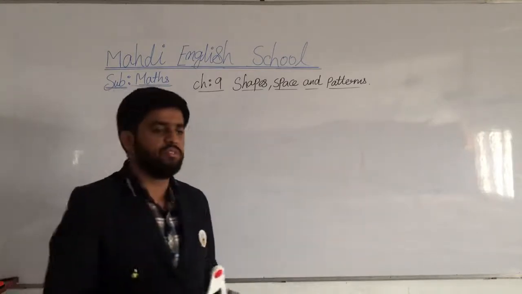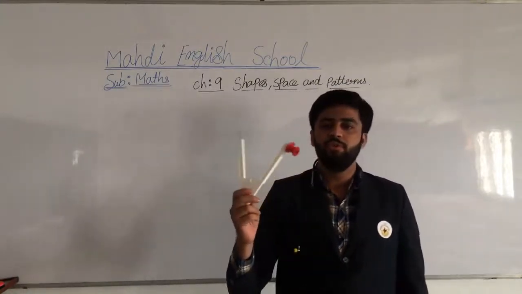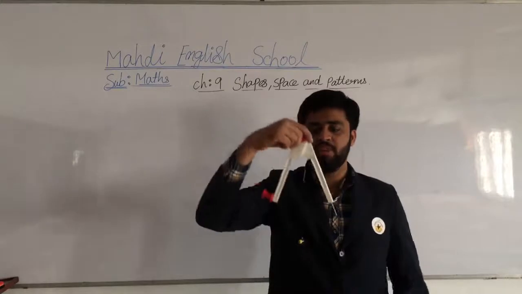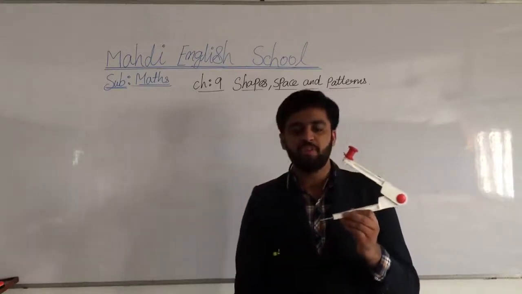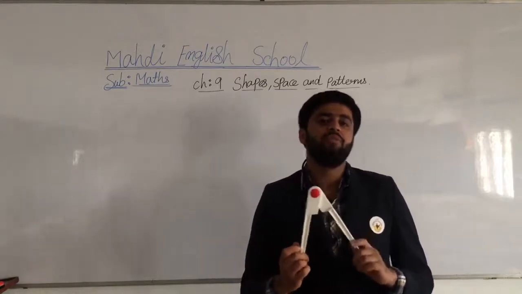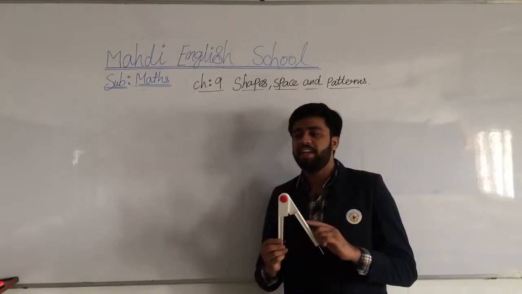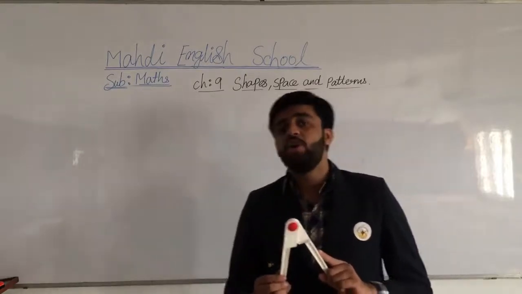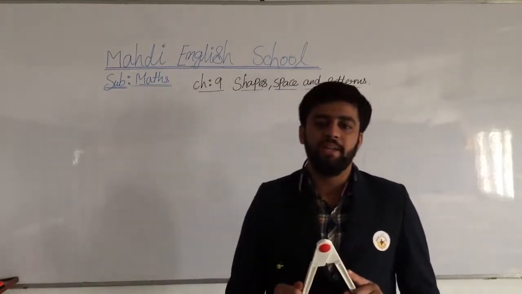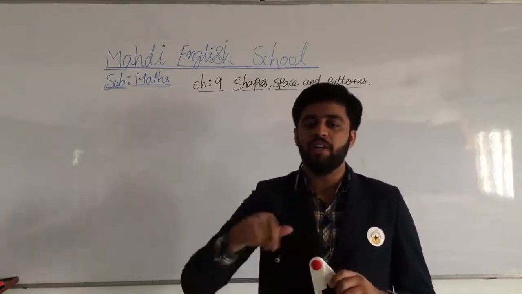My dear students, I hope you remember what this is in my hand and what the use of this object is. This is a rounder. The rounder is the compass, a geometrical instrument. We call it a geometrical instrument, and the other name is rounder.